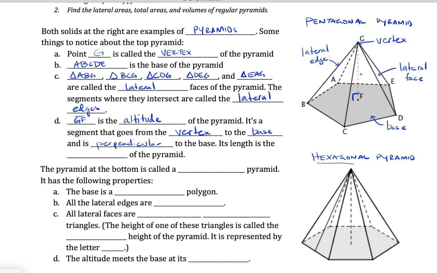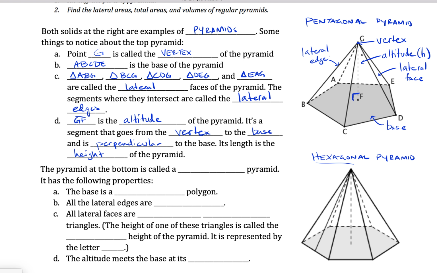The length of that altitude is referred to as the height of the pyramid. So let's add a label in there. That is called the altitude of the pyramid, or a lot of times it's just called the height of the pyramid. Technically the height is the length of the altitude, but the terms altitude and height are pretty much interchangeable for what we're going to be doing.